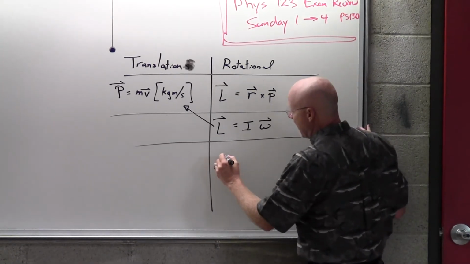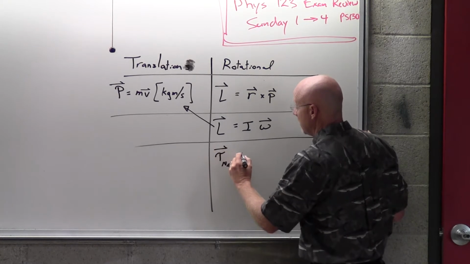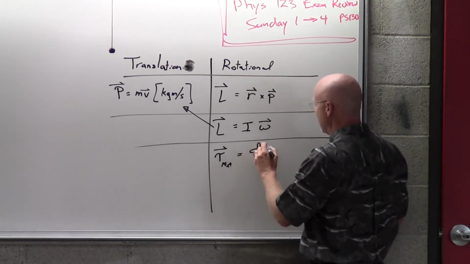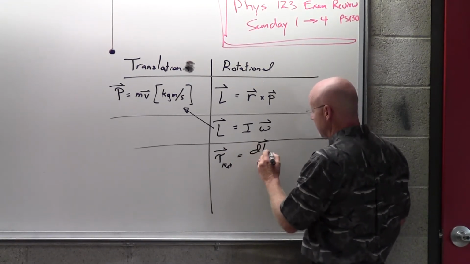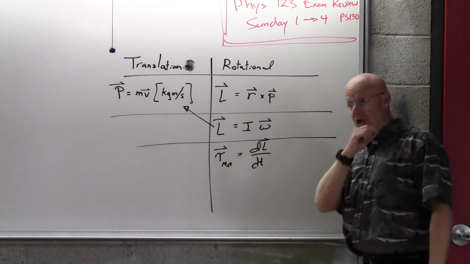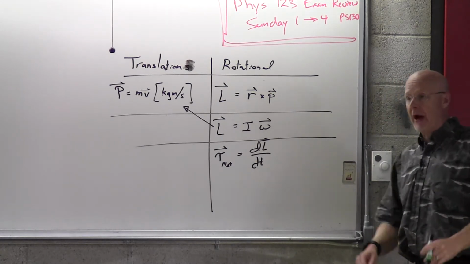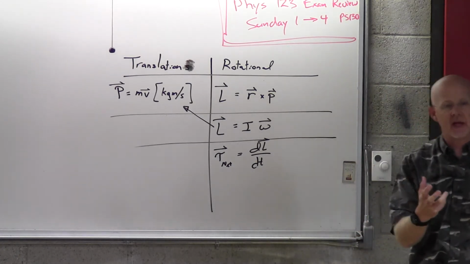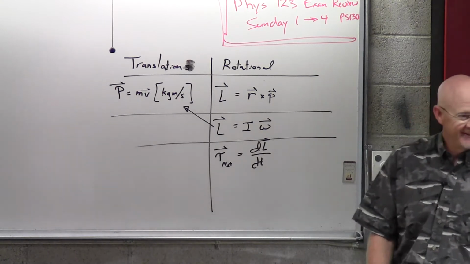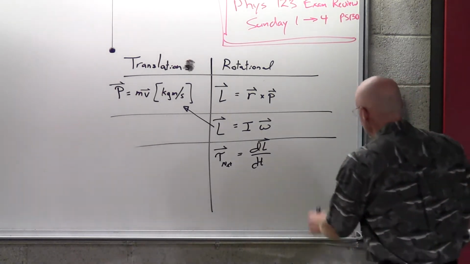It says that the net torque, if there is a net torque, does what? Changes the angular momentum, right? So if I have no torque, what would that say about the angular momentum? Right, it wouldn't change.